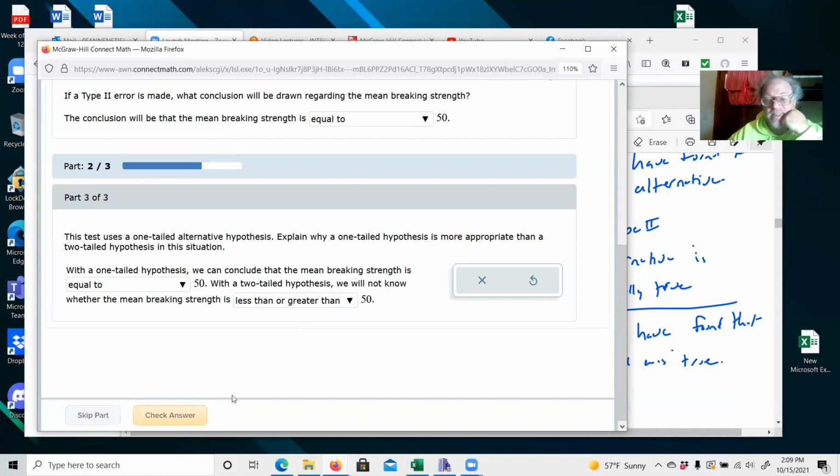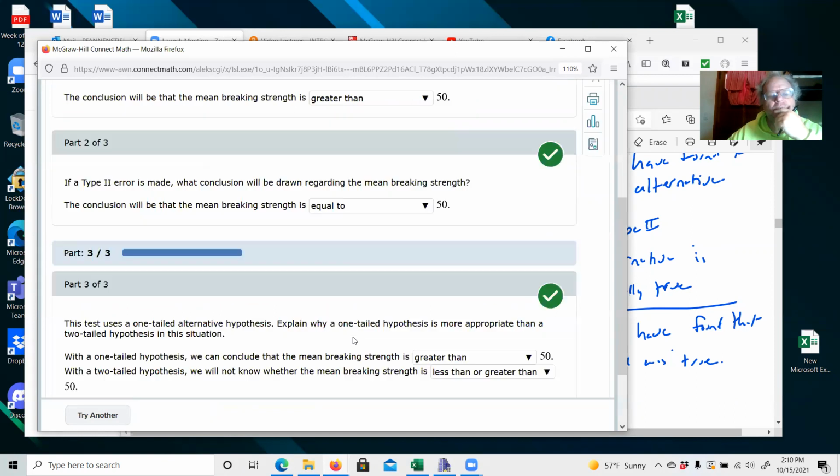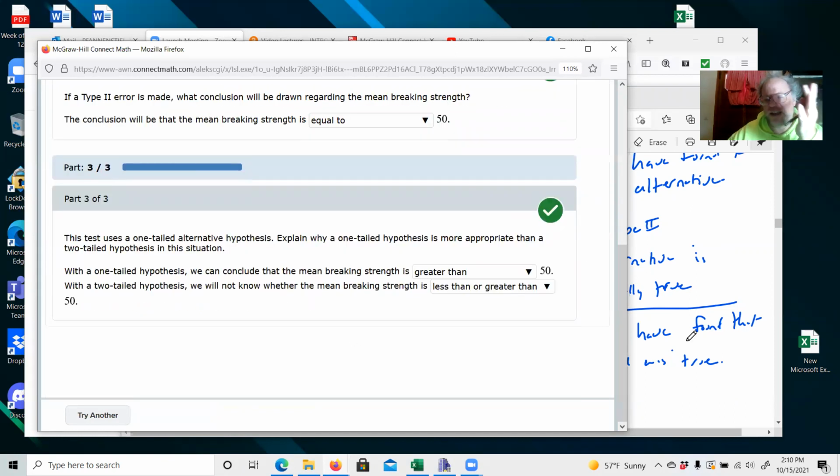Well, maybe I retract my conclusion, oh, they want to say greater than? All right. Like I said, for me, it's like maybe the quality control person who's got the wire and is sending it out can test whether or not it's greater than specification.